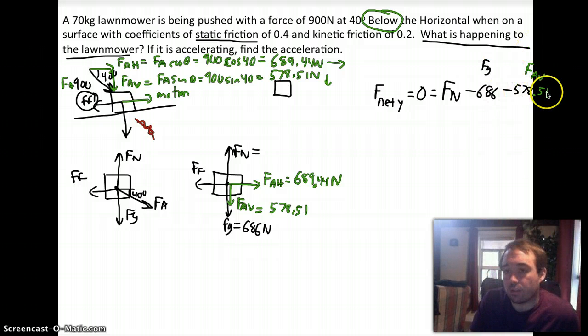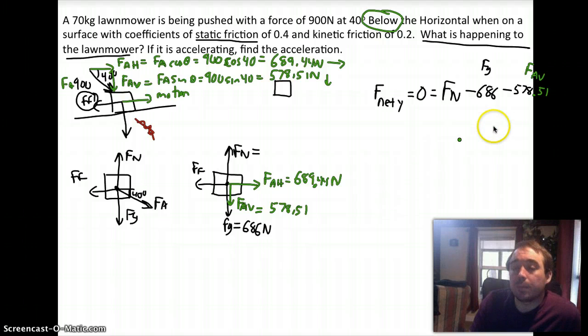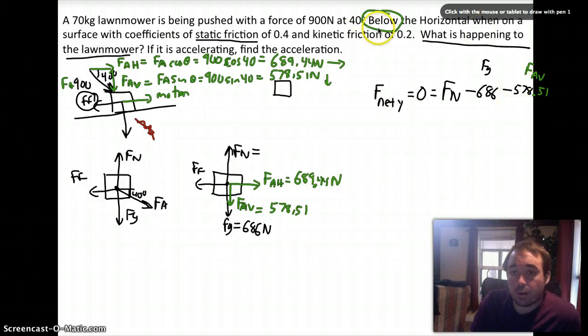The only reason I changed colors is because of my background. If this were above the horizontal, the only thing that changes is my FAV is up, so this becomes a positive instead of a negative. Below the horizontal, this is a negative number. Above the horizontal, this is a positive number because FAV is up.